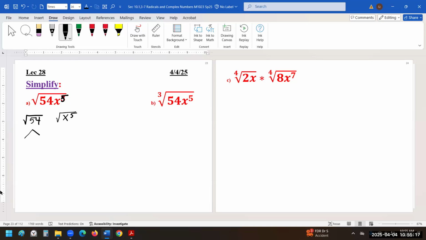54 is what two numbers? 9 and 6. Do we see the same number twice? We don't, but we still know the square root of 9 is 3, right? So since we're dealing with square root, maybe we can stop here because we know what the square root of 9 is. What is the square root of 9? 3.